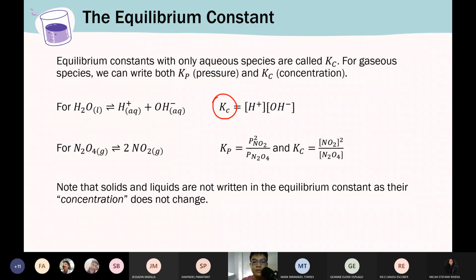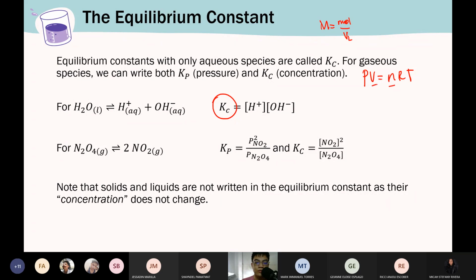Okay? Siguro you might be thinking, yung pressure, alam ko kung paano i-solve. But how about the concentration of the gas? How will I solve for that? So basically, just go back to your PV = nRT, your ideal gas equation. And diba, tandaan nyo, yung molarity is mole per volume, in liters.